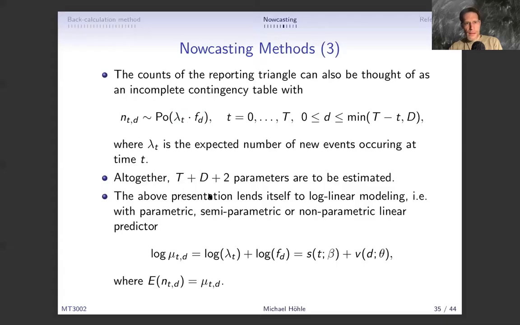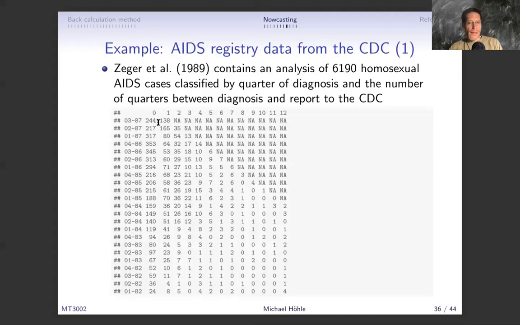All right. So here's an example of how to do this for a data set. The data set is some HIV registry data from the Centers for Disease Control in the US, which was analyzed in a paper from 1989.